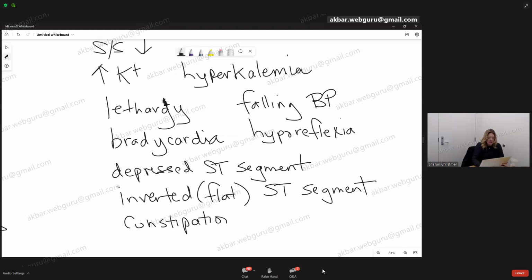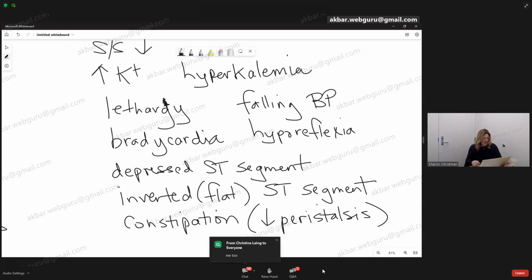How about this one? Constipation. Why is constipation a down symptom? Because it's decreased peristalsis. Sometimes I spell words wrong, so just be gentle with me if I spell words wrong. Sometimes I do that. I know how to spell generally, but sometimes I just forget when I'm talking, you know. Let's see. How about, did I say hyporeflexia?